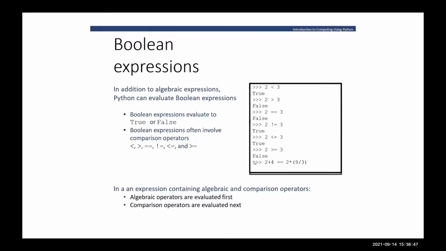So the point that I'm trying to make here: if you have a mixed expression that contains both arithmetic and Boolean, first you need to evaluate the arithmetic operation itself, and then after that you do the comparison.